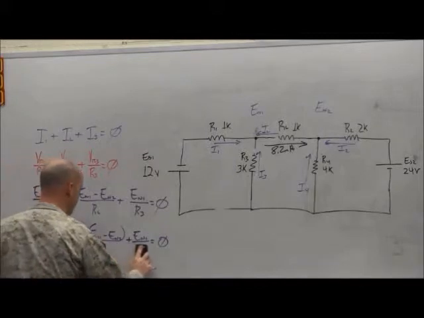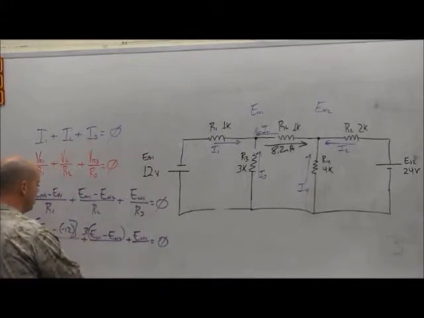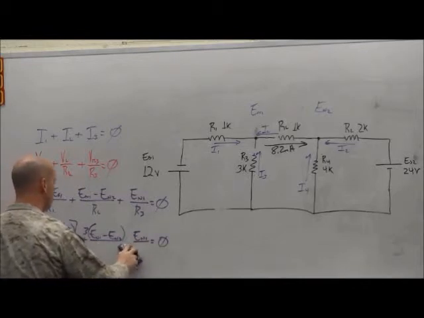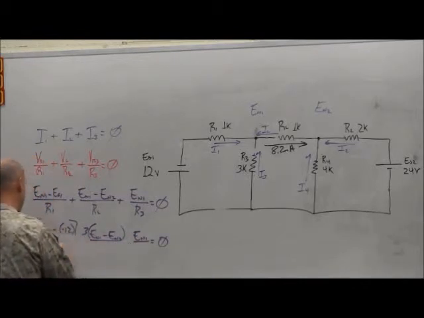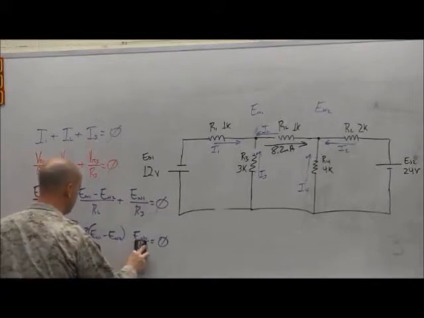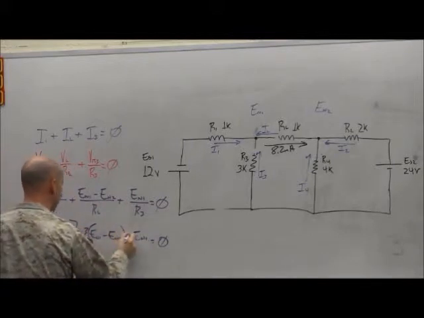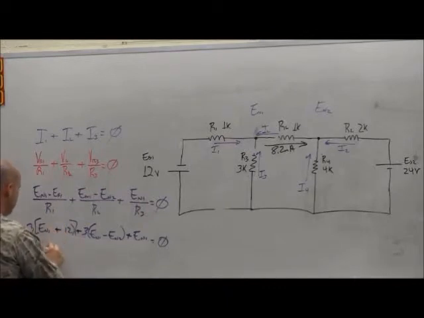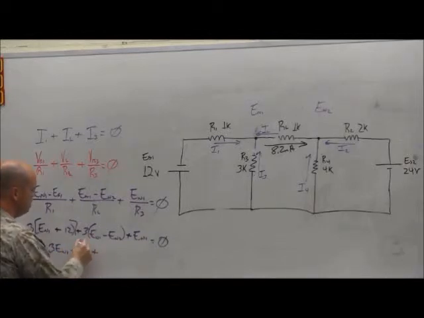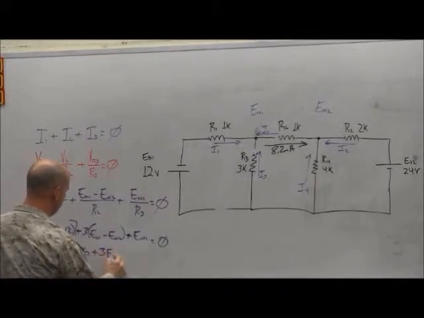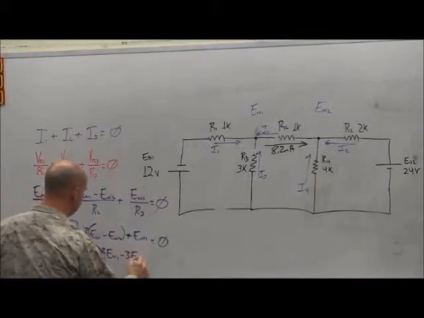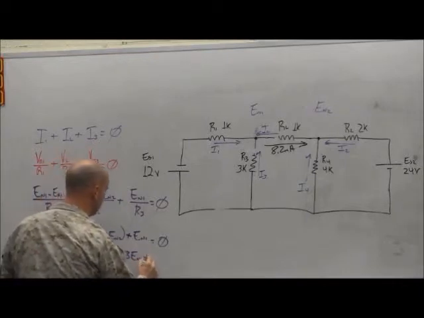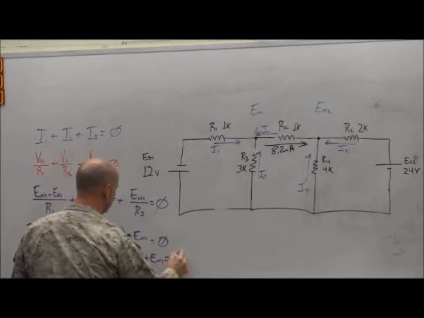Now we need to create a common denominator, which I'm not going to rewrite because when I cross multiply times 0, it's going to leave me with no denominator at all. I'll then distribute the 3. Well, first I'll take care of this negative times a negative is a positive. Distribute the 3, I get 3 En1 plus 36 plus 3 En1 minus 3 En2 plus En1 equals 0.